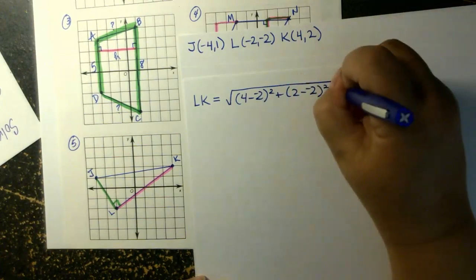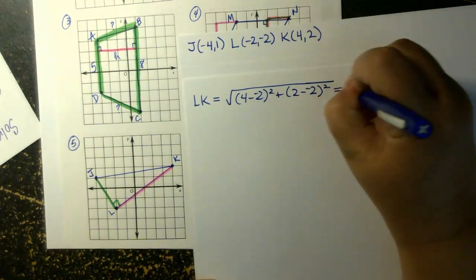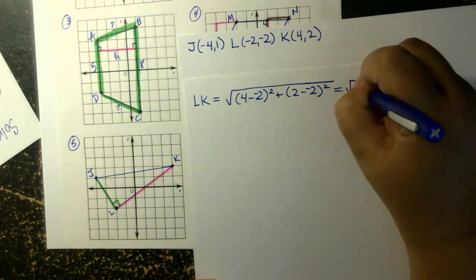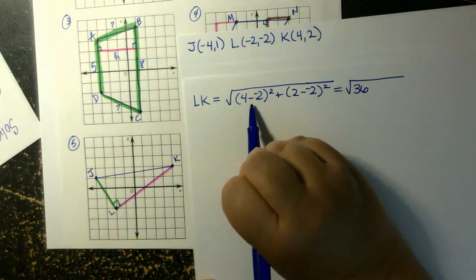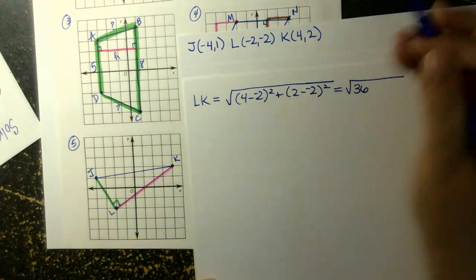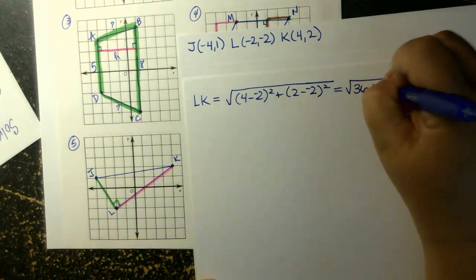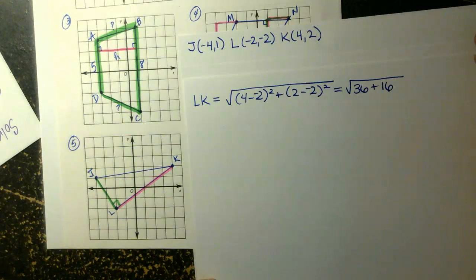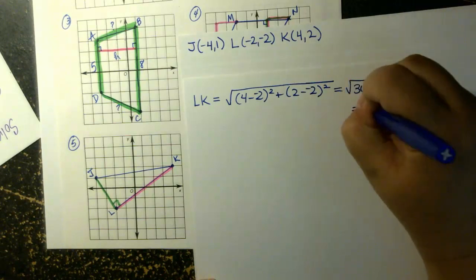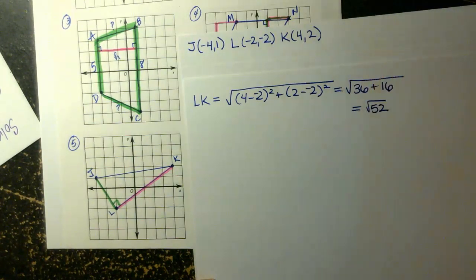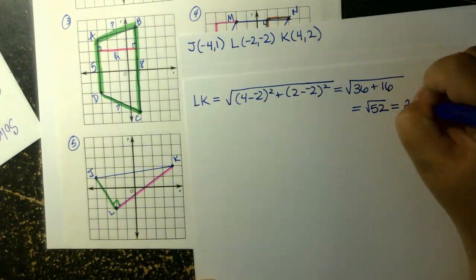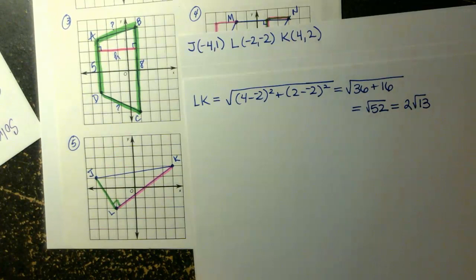That's, let's see, 6 squared. 6 squared is 36. That's what this is right here. And this is 4. 4 squared is 16. 36 plus 16 is 52. Do any perfect squares go into that? Yes, 4 does. So that should be 2√13.